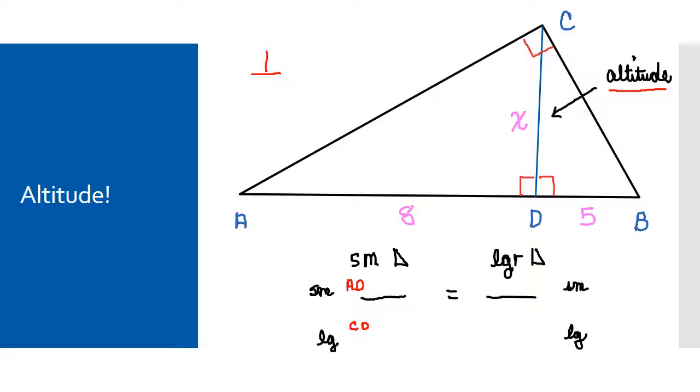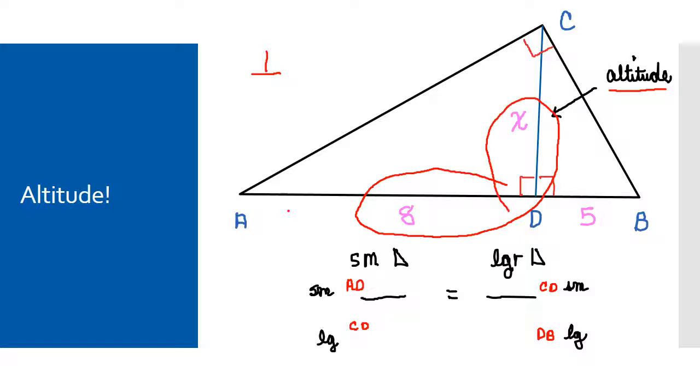And then you're going to go from the altitude C to D to D to B. Okay, so what we're basically doing here is doing a little travel path, like so.